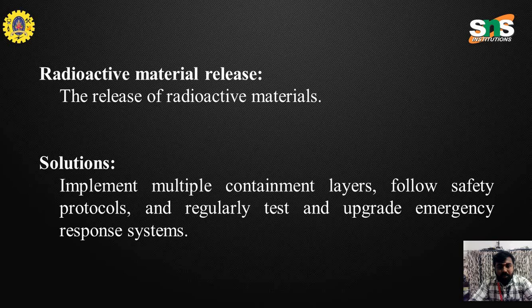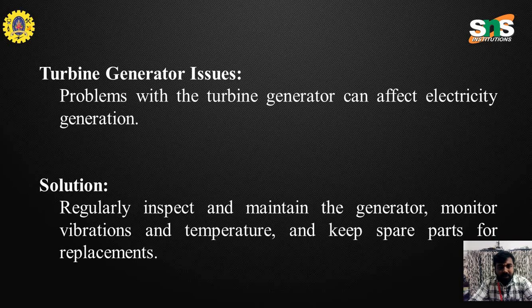To prevent these issues, implement multiple containment layers, follow the safety protocols, and regularly test and upgrade the emergency response system. The nuclear reactor is built with high strength materials and bricks to prevent radioactive accidents.